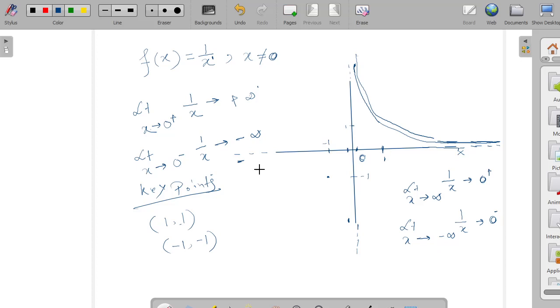And this part we have like this. Let me draw this part again.